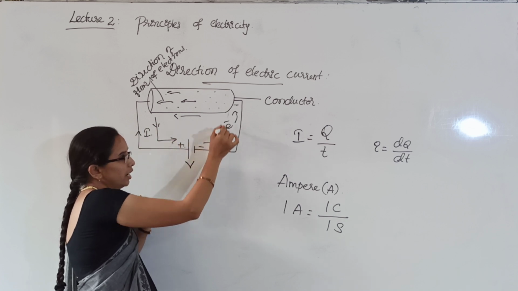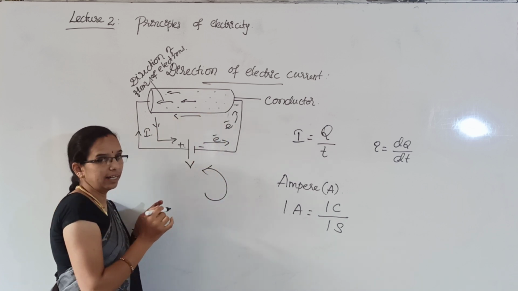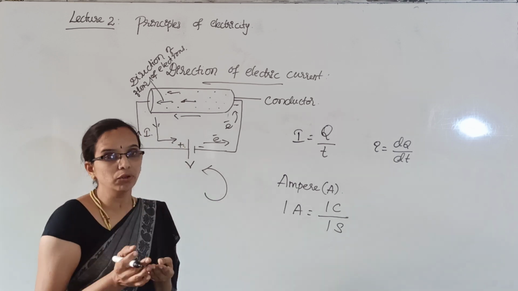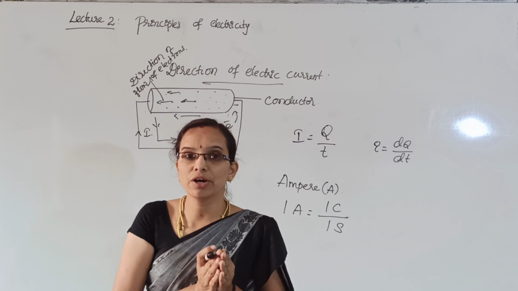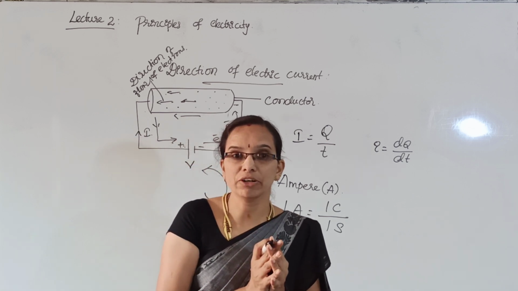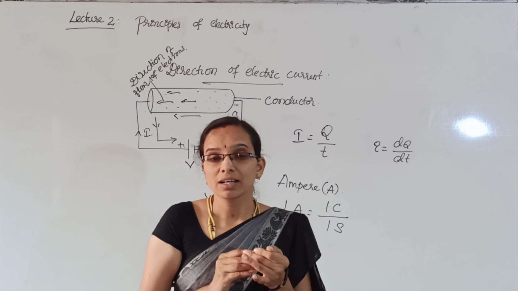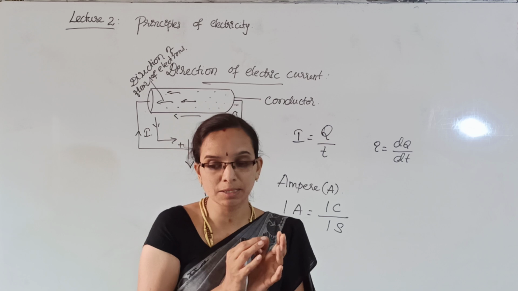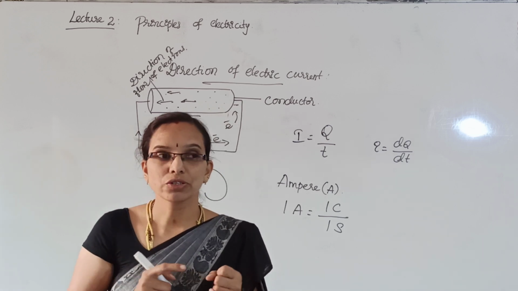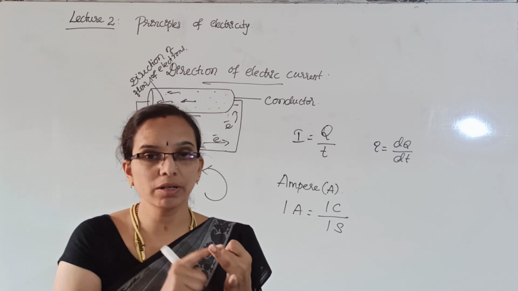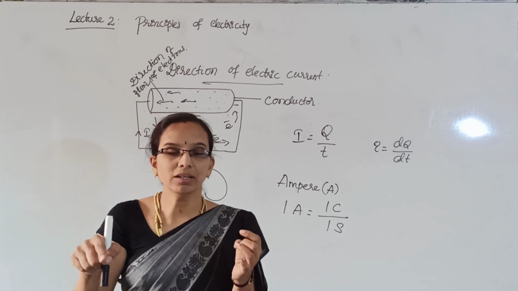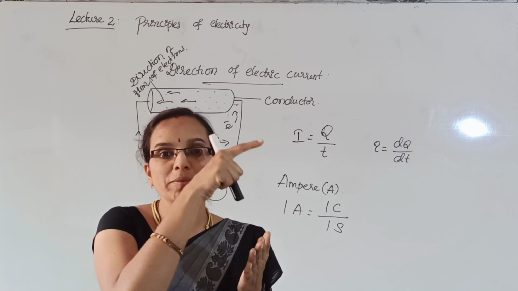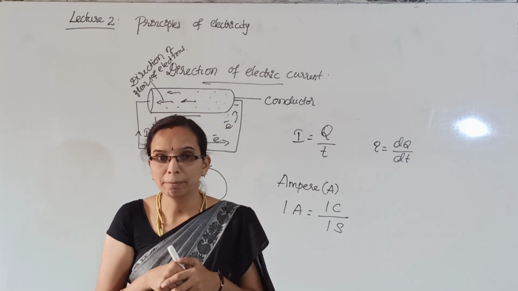This is the direction of electrons, whereas the electric current flows opposite to the direction of electrons. The conventional current flows opposite to the flow of electrons. Always remember, current flows from the positive terminal of the battery to the negative terminal, whereas electrons flow from the negative terminal to the positive terminal.